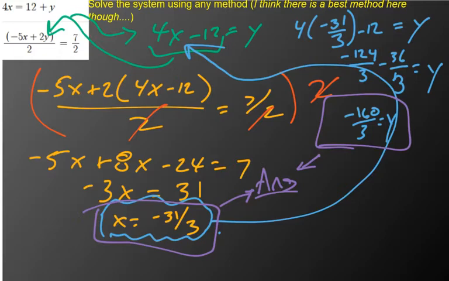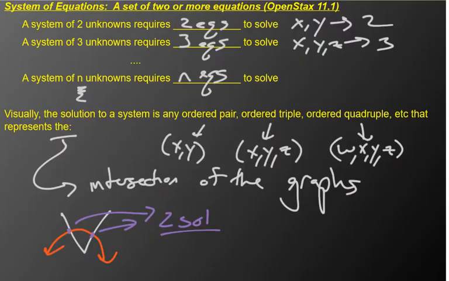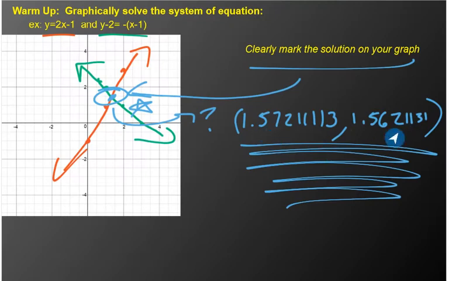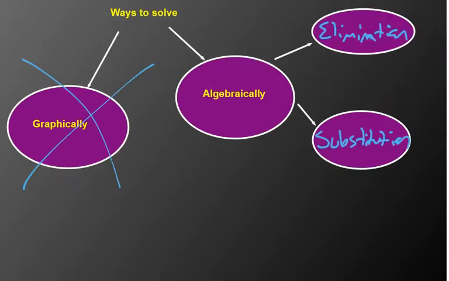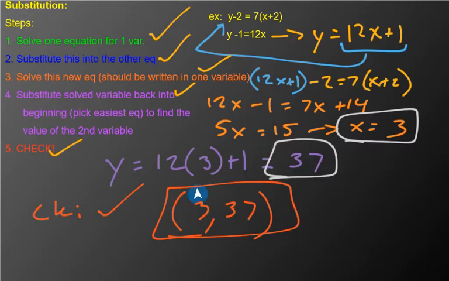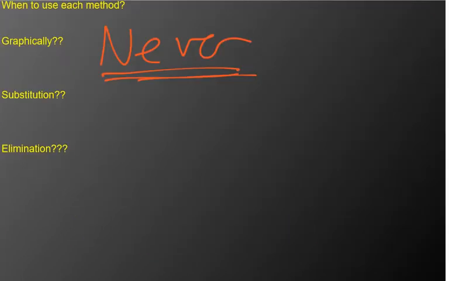But imagine it was like, again, way back here, imagine it was really like that number. And it very well could be. And in the real world, it will be stuff like that. You won't get these nice integers. This kind of problem, yeah, you could tick off the y-axis all the way up to 37 and see that they intersect there, but it's still not ideal. It's going to take a while. But never do it. It's not a good way to do it.